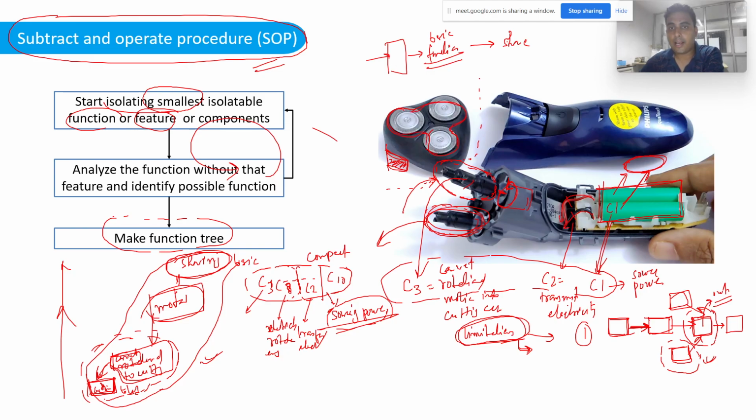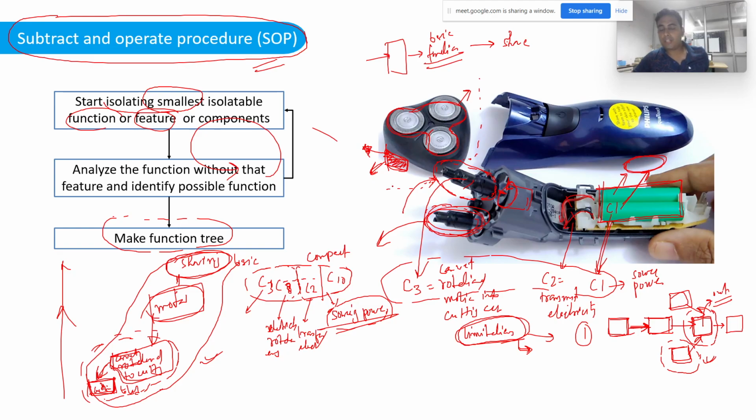However, if you are a newbie and you do not know what this particular component is, it's a new product for you. Even after removing it, there is no change you may feel visually or in terms of mechanisms. So you will feel that this is a redundant feature or some sort of redundant function.